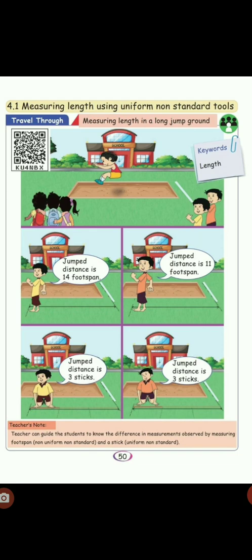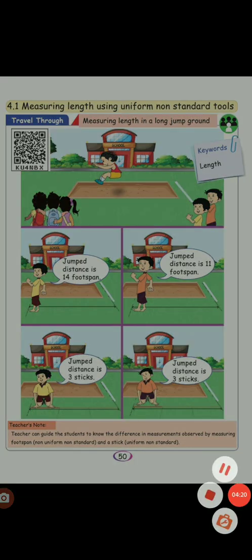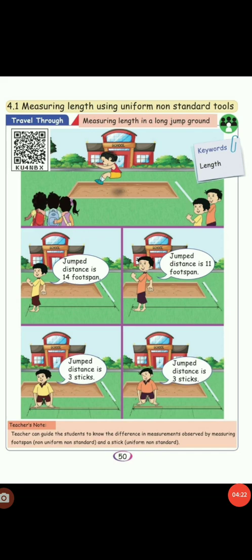See the picture. First, they are measuring the length using the foot span. The first boy measured with his foot span and said the distance is 11 foot spans. The second boy came and measured the same distance with his foot span, and he said the distance is 14 foot spans.